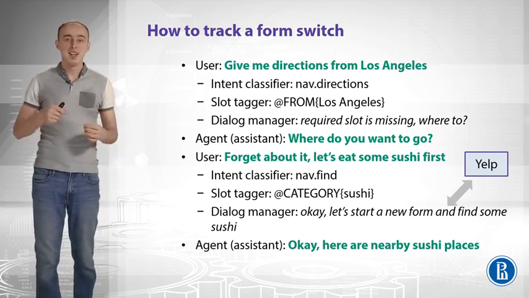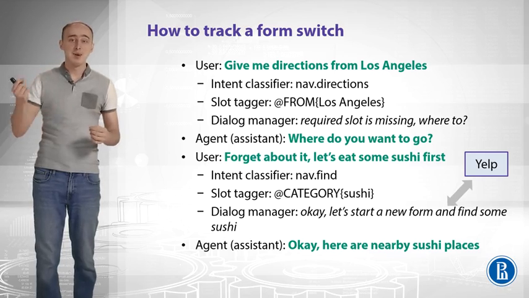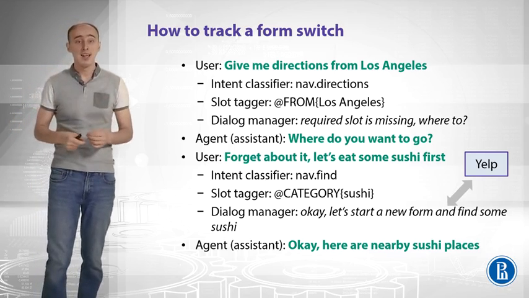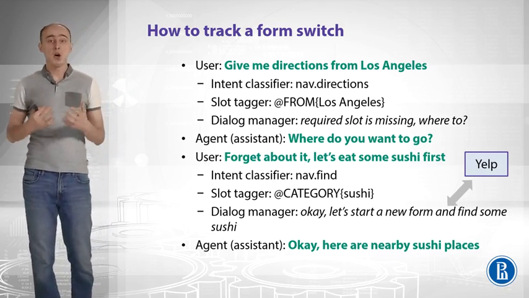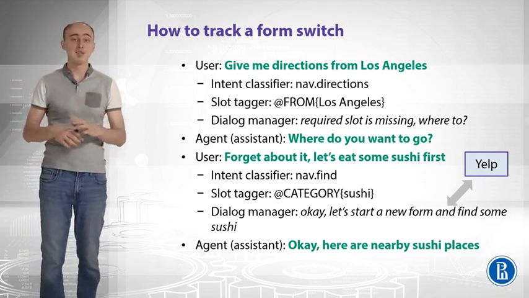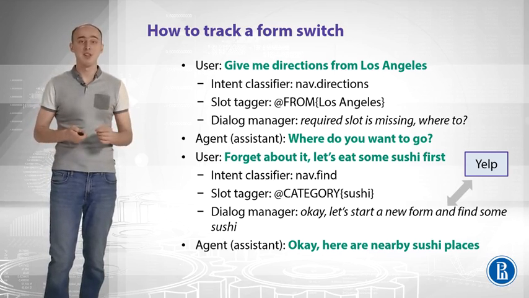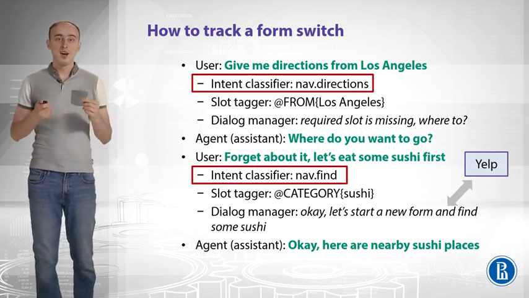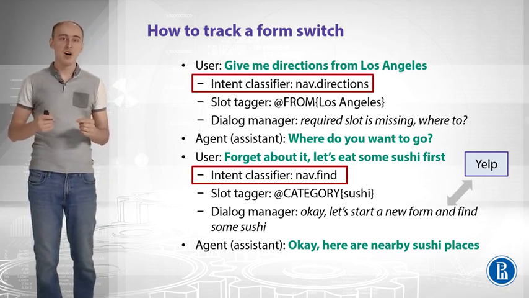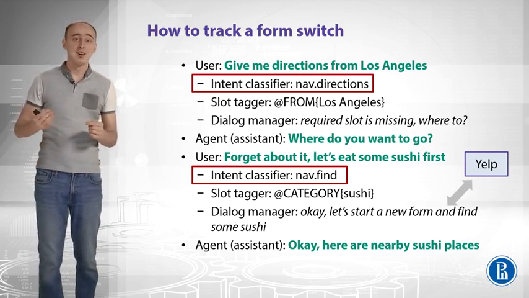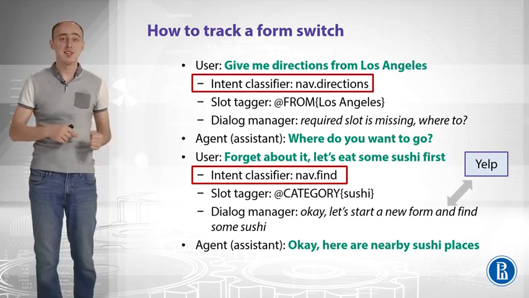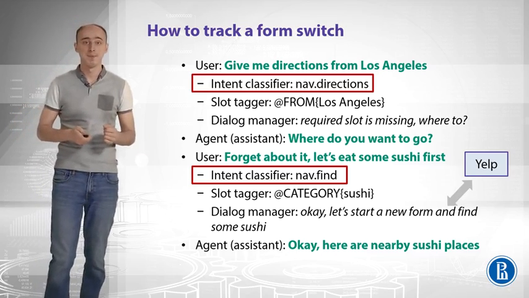Then we make a query to the database or knowledge base like Yelp, and Dialog Manager understands, okay, let's start a new form and find some sushi. And the assistant outputs, okay, here are nearby sushi places. We can track the form switch when the intent switches from navigation directions, let's say, to navigation find.